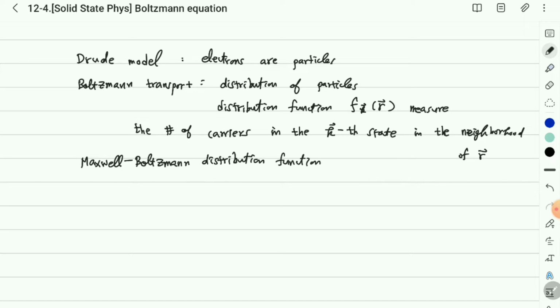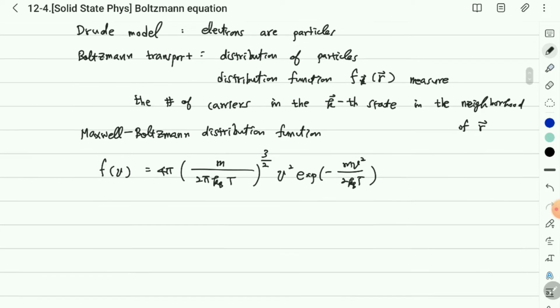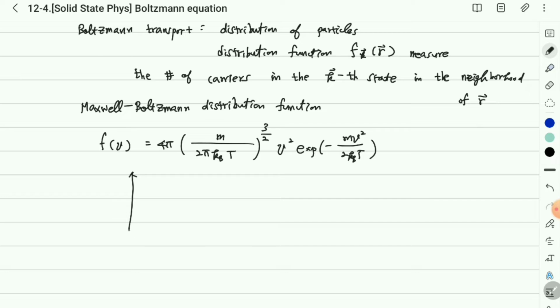It is a function of velocity, and I write it down: (m over 2 pi k_B T) to the 3 halves, times v squared, times exponential of minus m v squared over 2 k_B T. It says there is a particle distribution as a function of v, with a maximum at a given temperature.